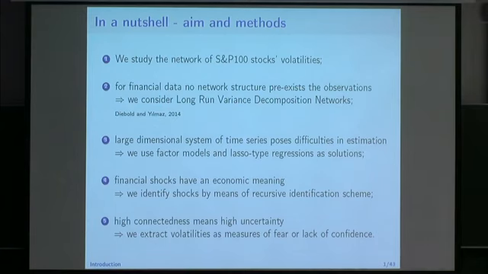And the bottom line is that if we find high connectedness in this kind of networks of volatilities, that will mean that there is high uncertainty in that period of time. Because the more the shocks, the more the volatility of assets co-move and are large, the more there is a lack of confidence in the market.